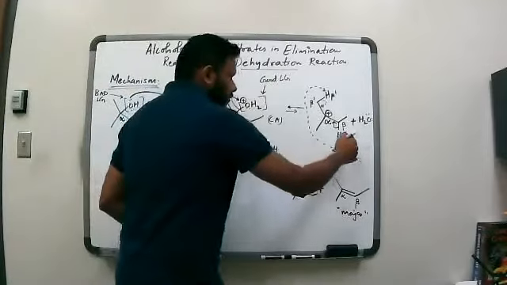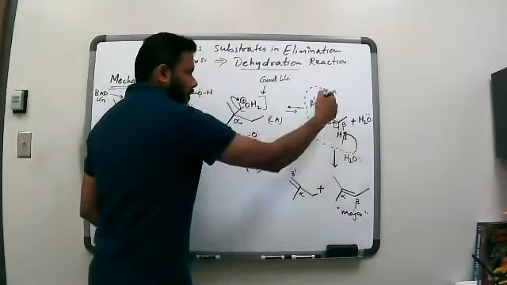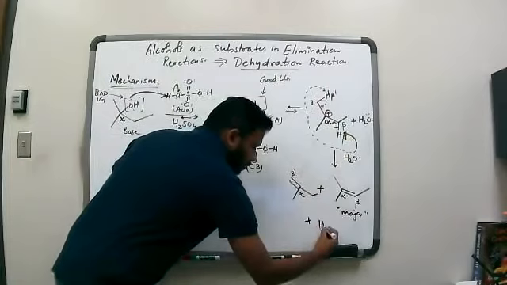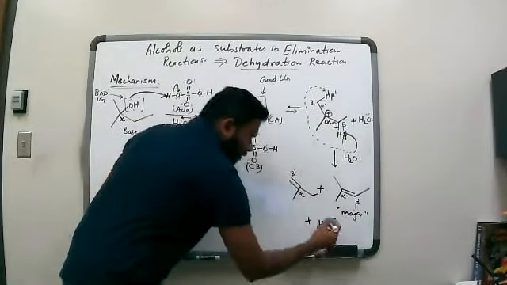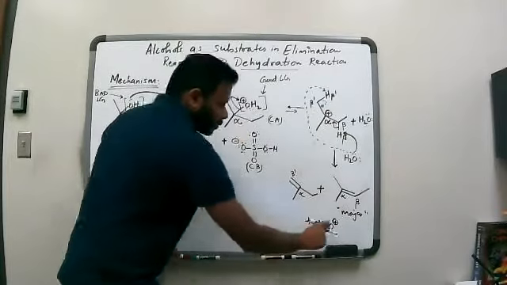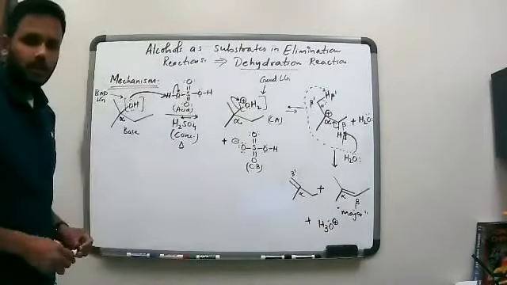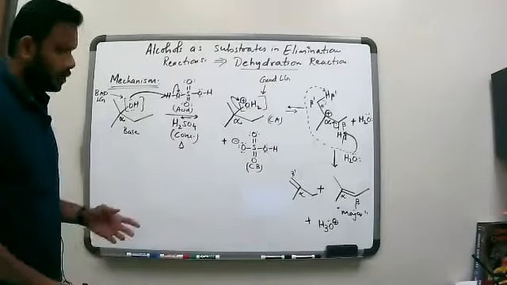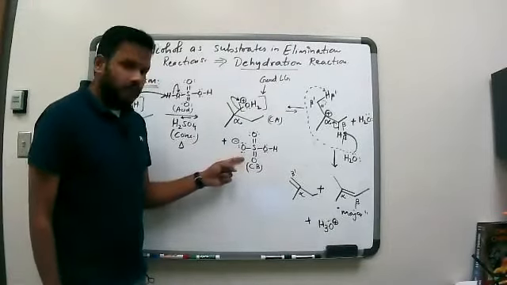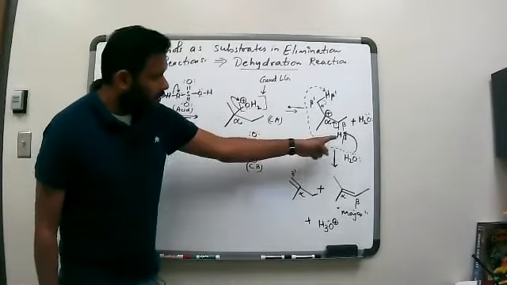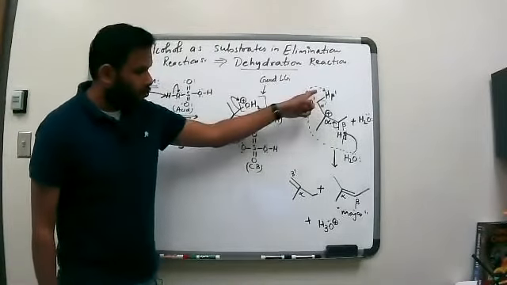And again, since the water molecule is picking up H beta, along with this, you're going to make H3O plus. Sorry, a hydronium ion. Now, you could use this conjugate base of sulfuric acid to deprotonate H beta and H beta prime.